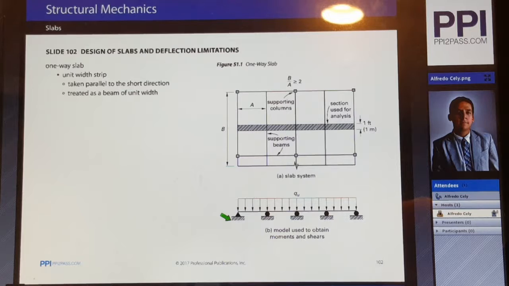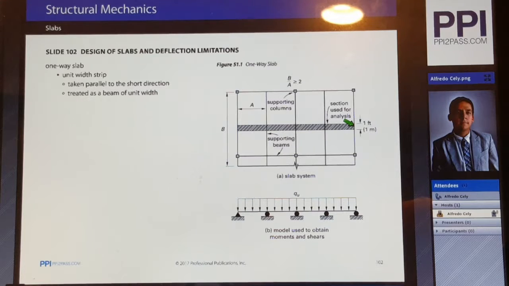And this is the model used to obtain moments and shears within that slab. Note how this connection serves as a pinned connection. Then each one of these is modeled as a roller connection.